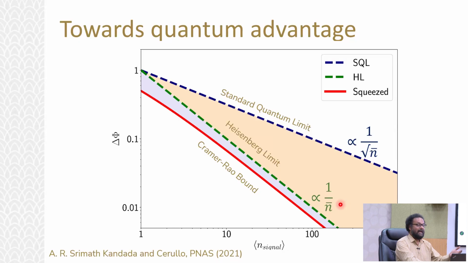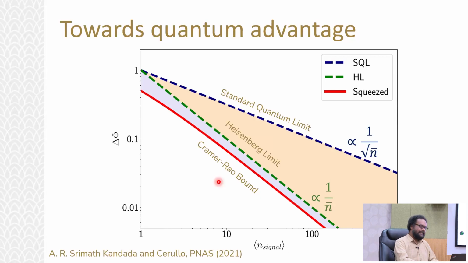Beyond that, if you access squeezed states, you go into a very new regime limited by what's called the Cramér-Rao bound, which again can be described mathematically, which I'm not going to do.